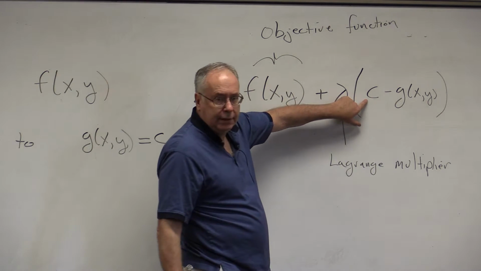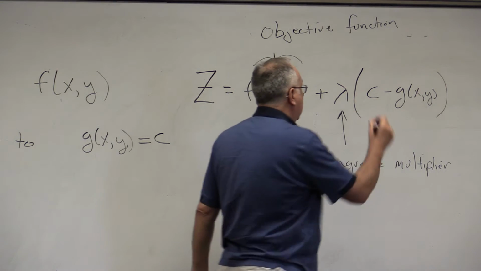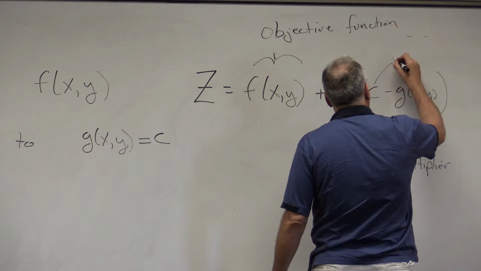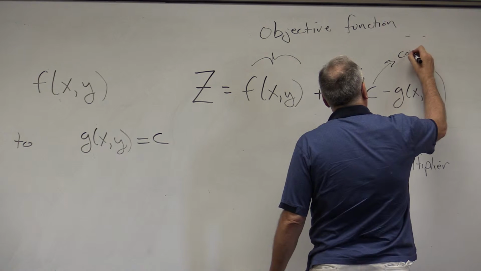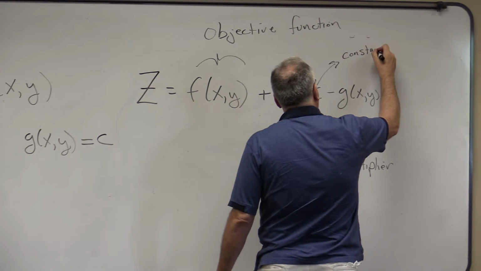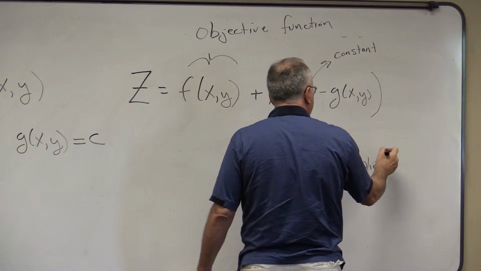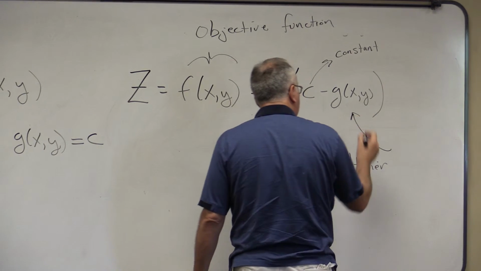This is our constant, C. And this is our constraint function, this thing G.